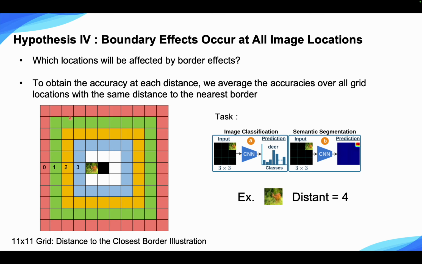To obtain the accuracy at each distance, they average the accuracy over grid locations with the same distance to the nearest border. For example, in this case, this picture's distance is 4. And they can use this method to test where the boundary effects suffer more.